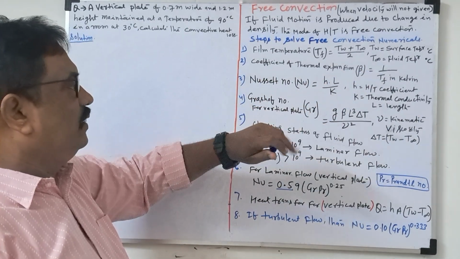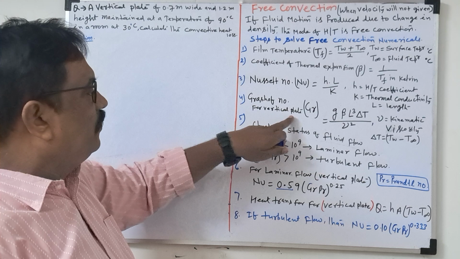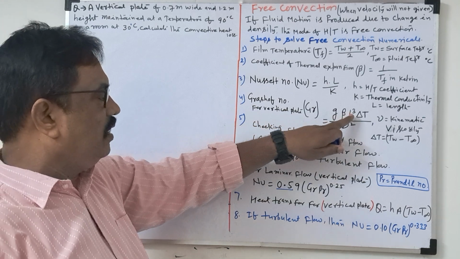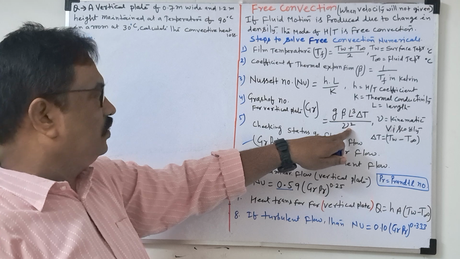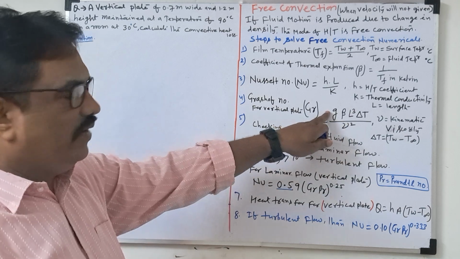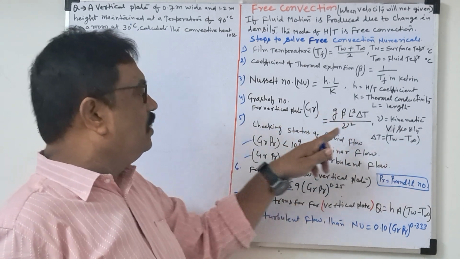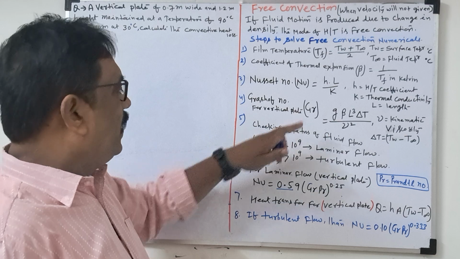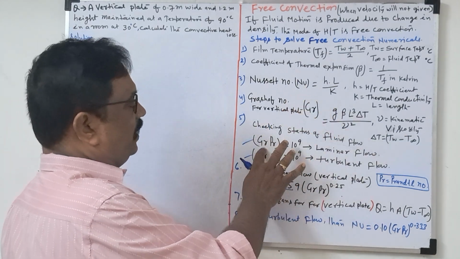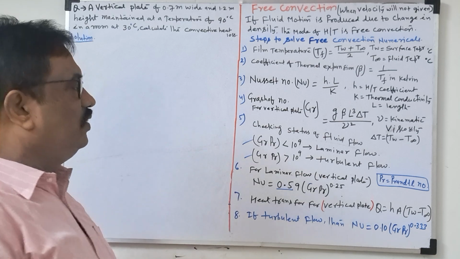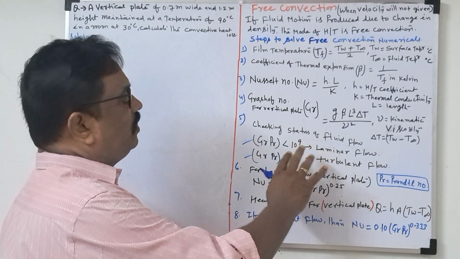Then we will write the Grashof number formula: g beta L cube delta T by nu square, that means kinematic viscosity whole square. g is gravity, 9.81. After finding the Grashof number, we will find the product of the Grashof number and Prandtl number, and we will see the status of the fluid, either laminar or turbulent.